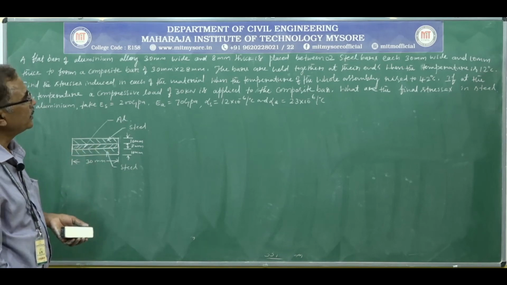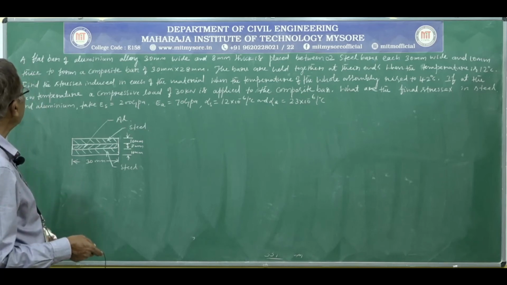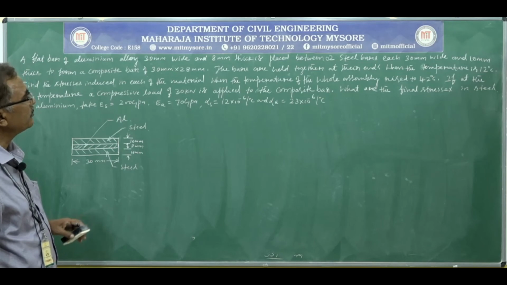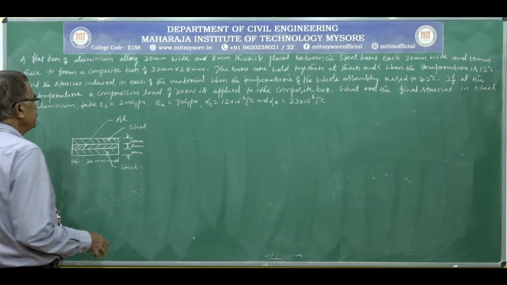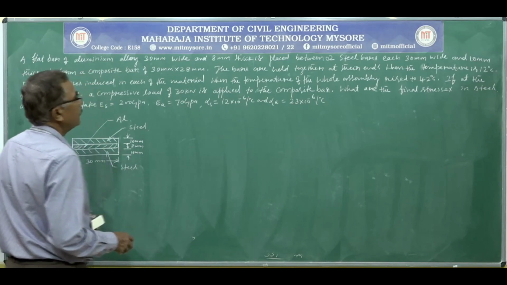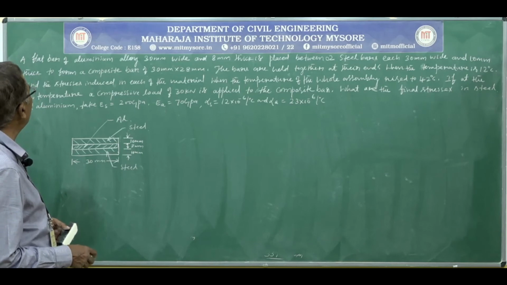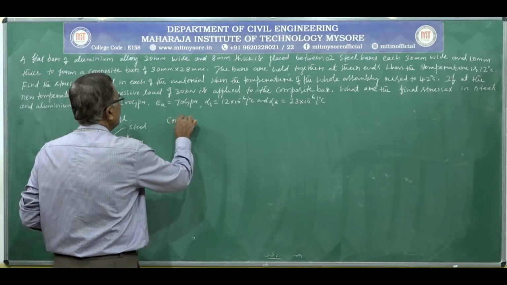The bars are held together at their ends. When the temperature is 12 degree, find the stresses induced in each of the materials when the temperature of the whole assembly rises to 42 degrees centigrade. Here the cross sectional area of aluminum and steel can be calculated.